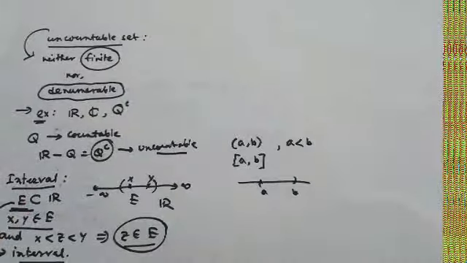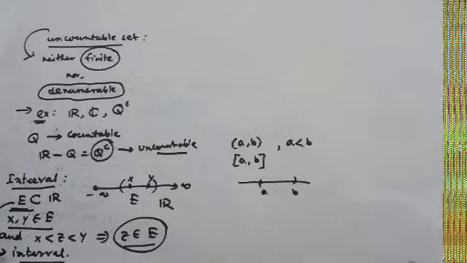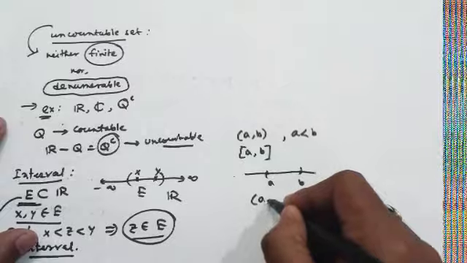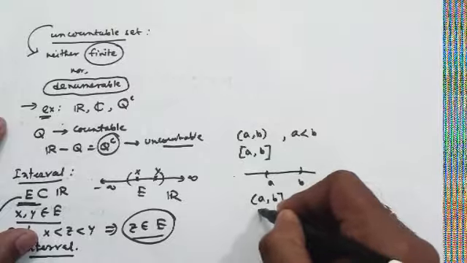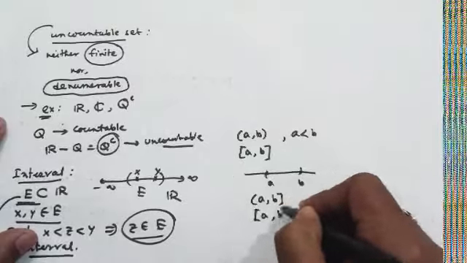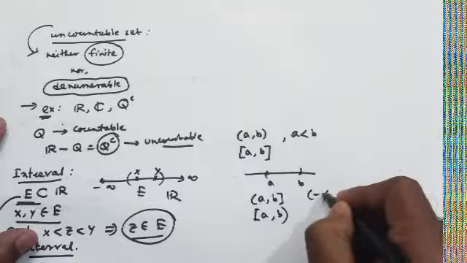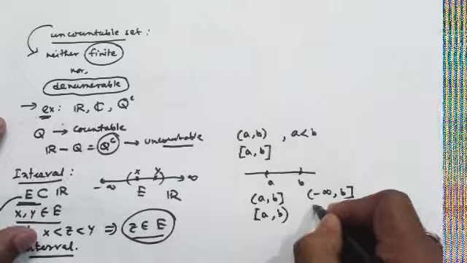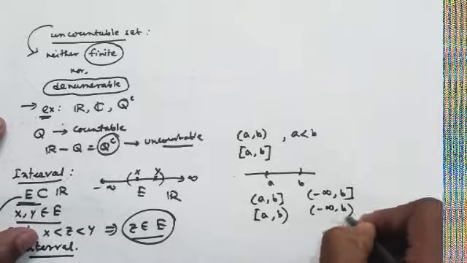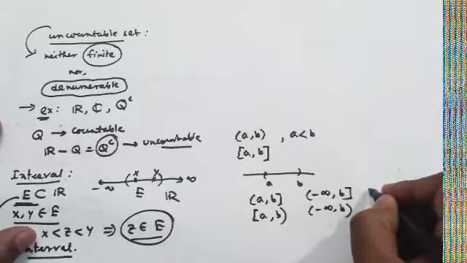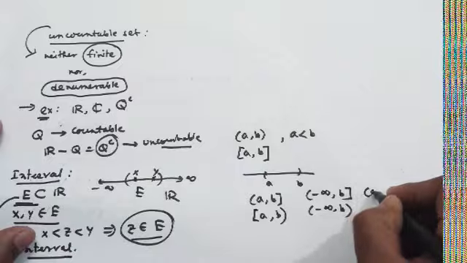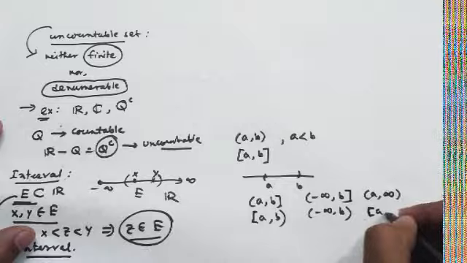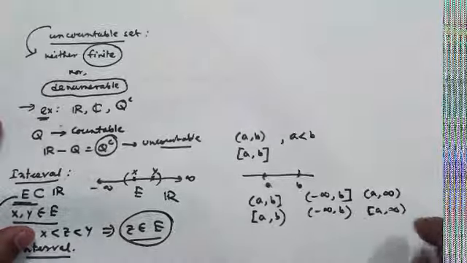Okay, and parallelly we have semi-open intervals like this way, and if we include minus infinity, then we have this sort of thing, minus infinity to a, a to plus infinity, and closed interval a to infinity, these are there.